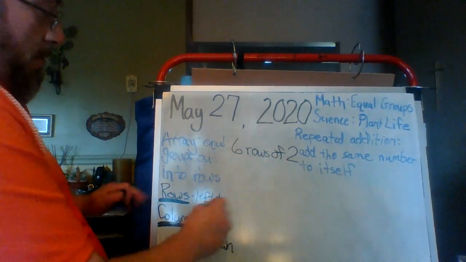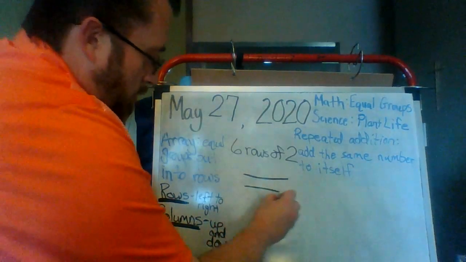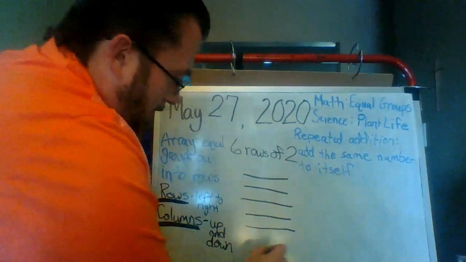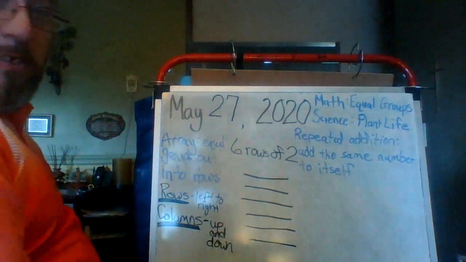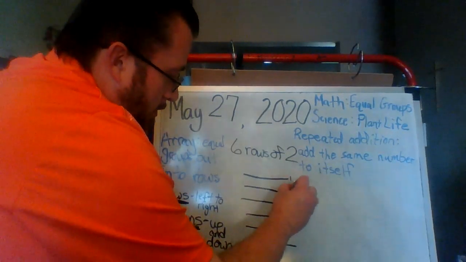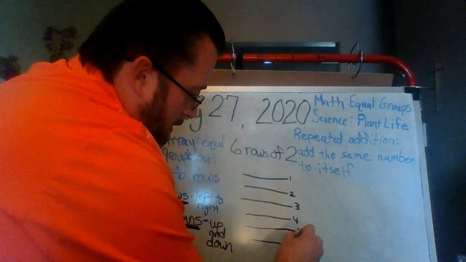Rows go left to right, so I need to draw 6 lines. 1, 2, 3, 4, 5, 6, going left to right. If I need to, I can put the little numbers here to help me remember how many I drew.